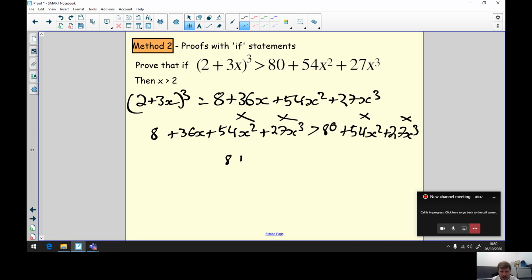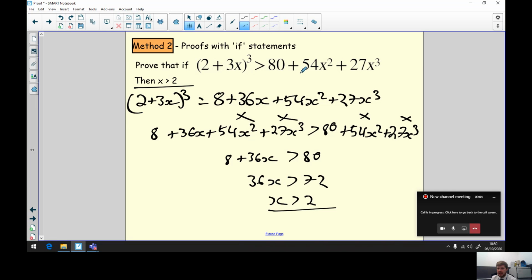That leaves me with 8 plus 36x is greater than 80. If I subtract 8, that gives me 36x is greater than 72. And dividing by 36, I get x is greater than 2. So therefore, if this is true, that means that x must be greater than 2, which is what I've got here.